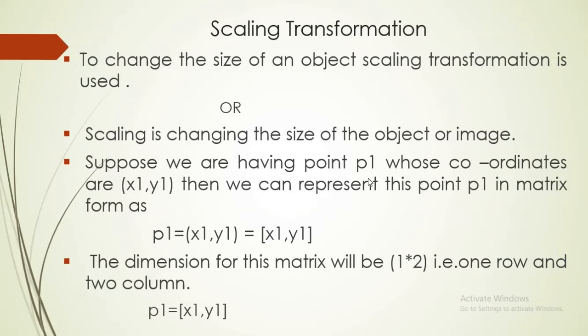Then we can represent this point P1 in matrix form, that is x1 and y1, with one row and two columns. The dimension of this matrix will be 1 by 2. So P1 is equal to (x1, y1).